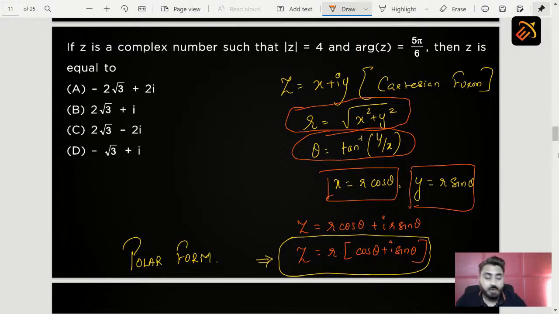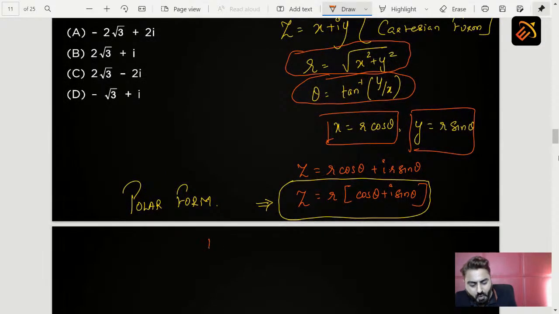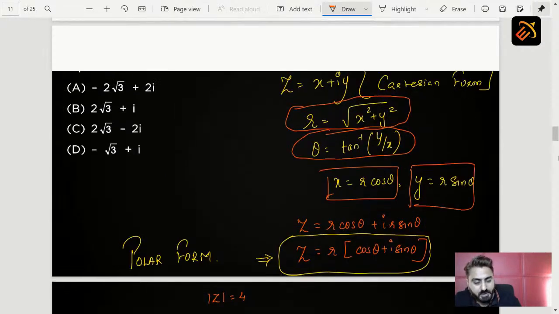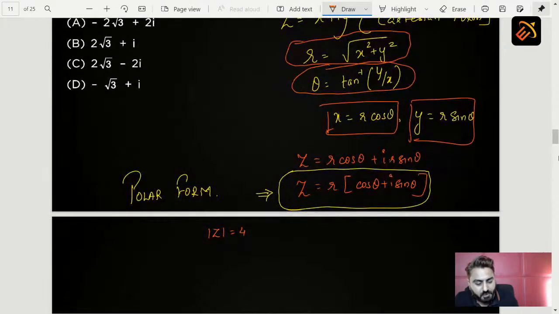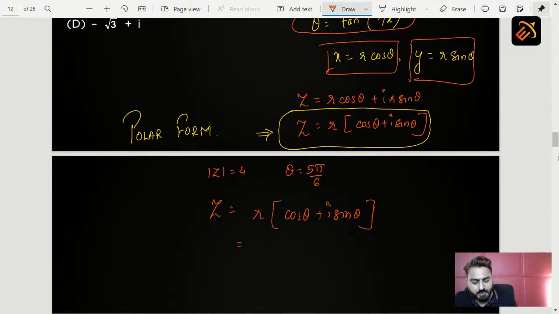Remember this difference, students. So here the value of mod z is 4, and the value of the argument, that is theta, is 5 pi by 6. So what will we do? What is z? It is r into cos theta plus i sin theta. You just have to substitute the value.